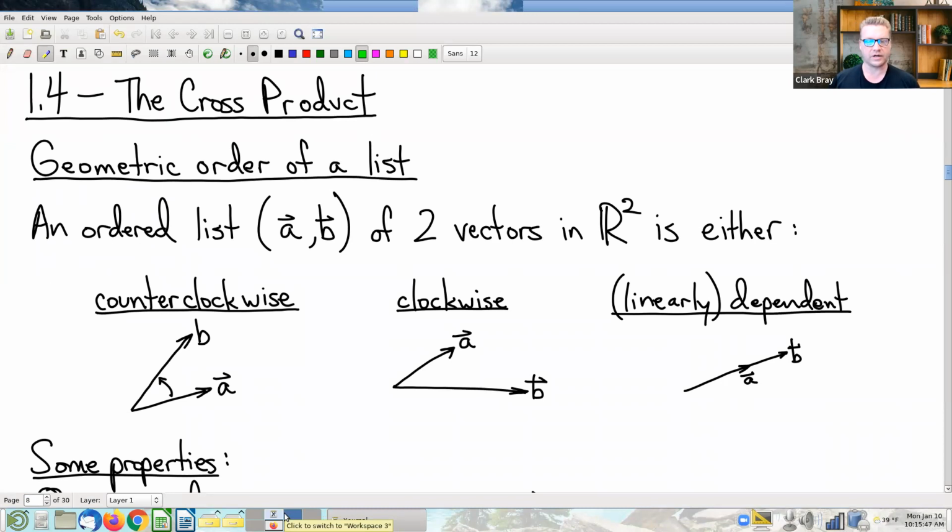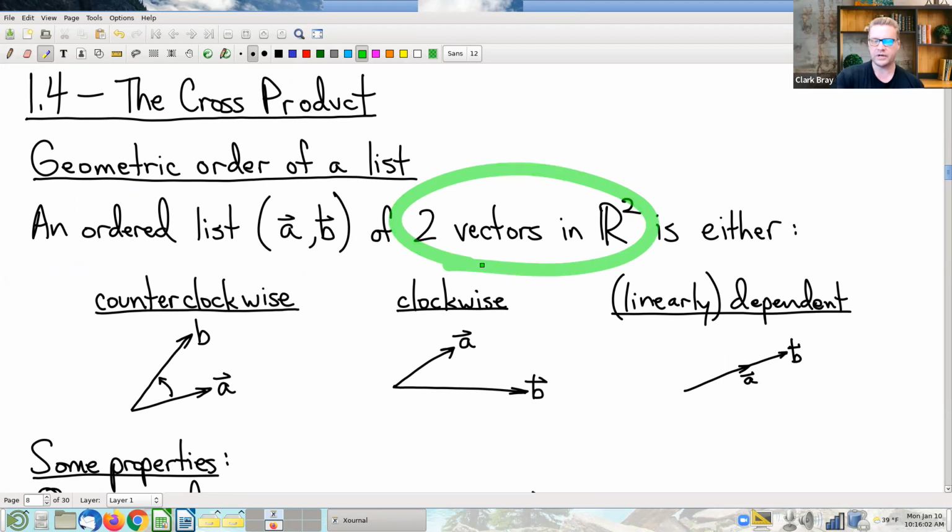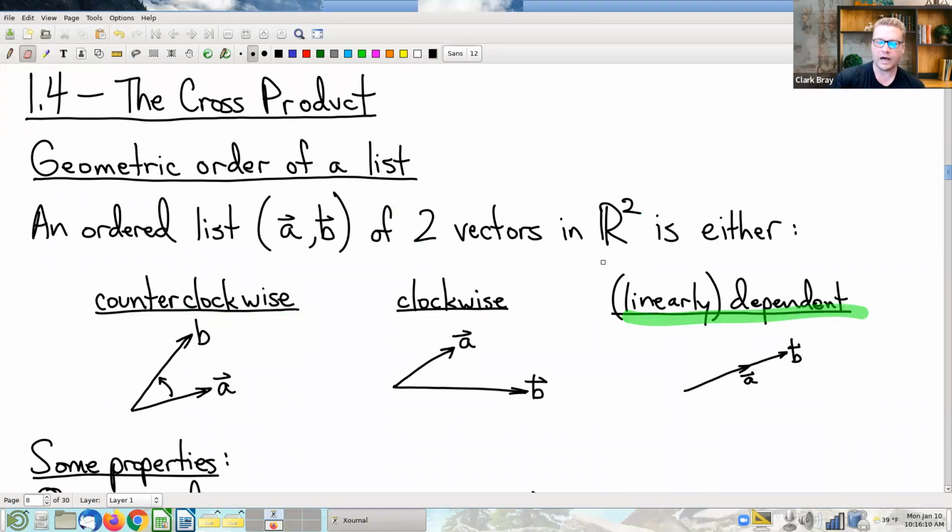Here's what we were doing. We were talking about the cross product, or rather, building up to the cross product. Let me remind you, we talked about different ways of describing orders of lists of vectors. If you have two vectors in R2, we talk about counterclockwise and clockwise, and of course dependent is neither, an exceptional case. This is geometrically natural.